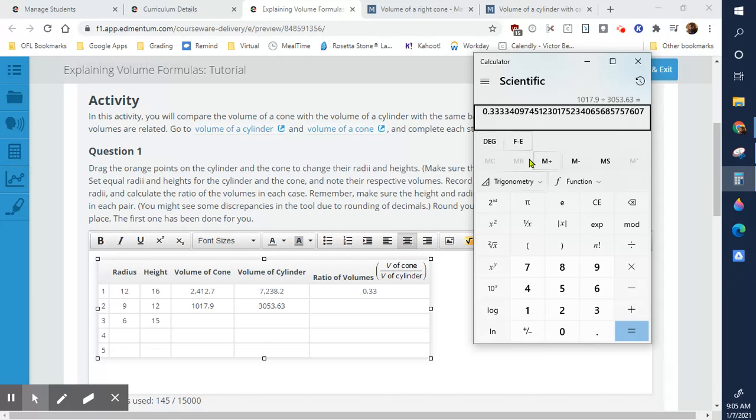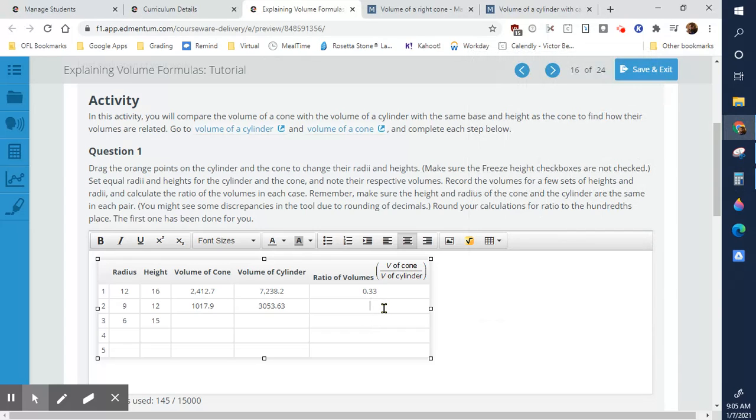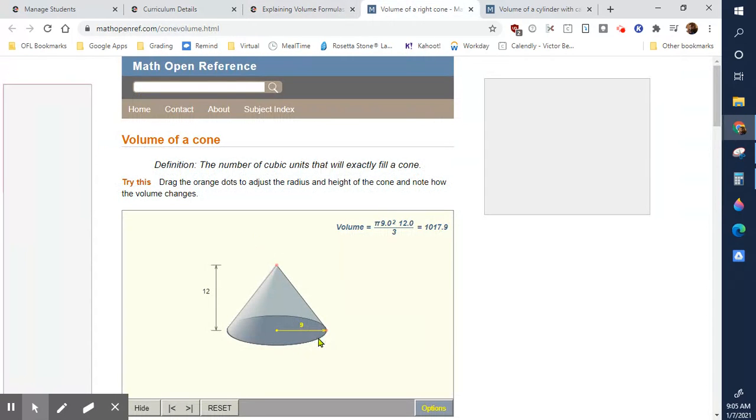And now I'm going to change this so my radius is 6 and my height is 15. So let's change the radius to 6 on both of them. 6, 6, while I'm here, might as well change this to 15.